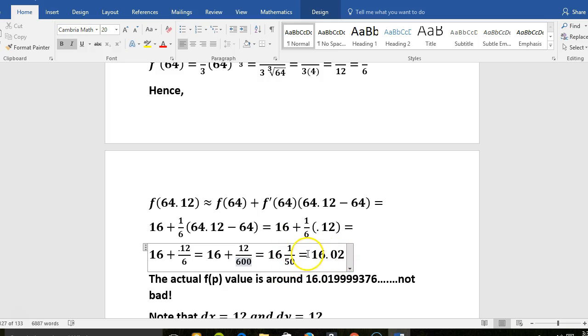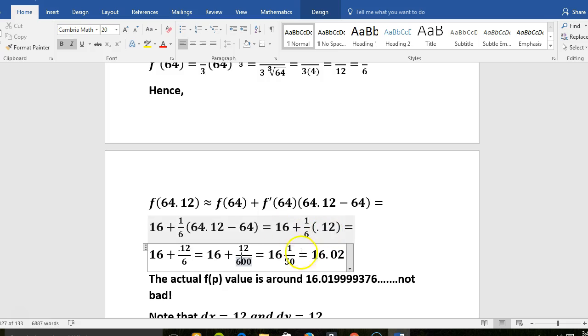But really, frankly, if I were you, I wouldn't go through this fractional route. If they wanted it in fraction form, you could turn this into an improper fraction as well. But I say forget all that. Decimal is the best way to go here. The whole point of this is to get an approximation. I want decimal. 12 divided by 6 is 2, so 0.12 divided by 6 ought to be 0.02, and it is.